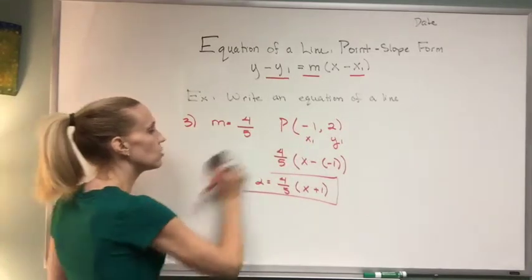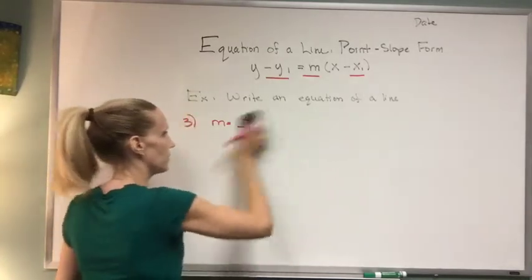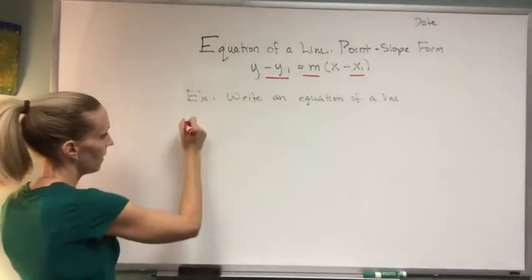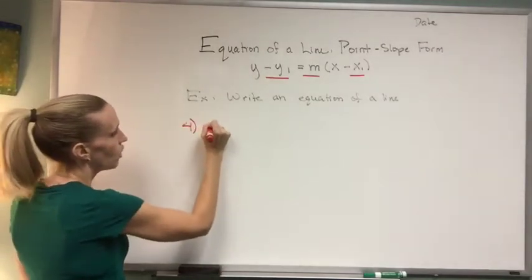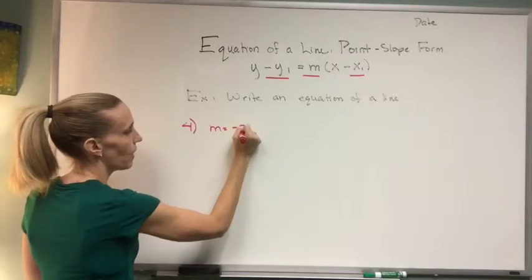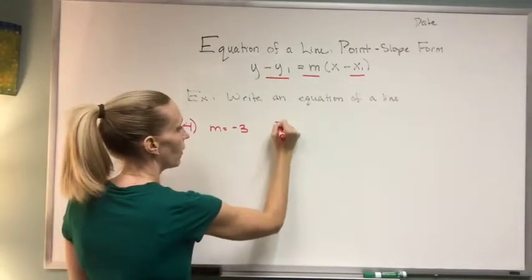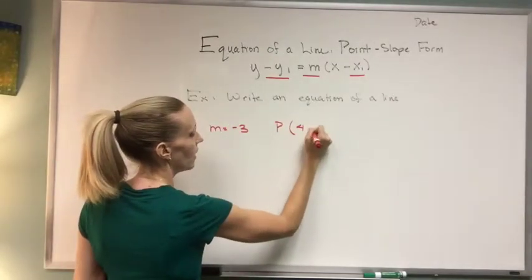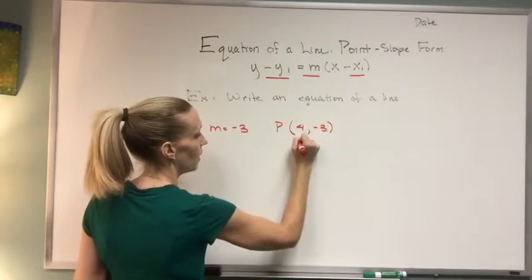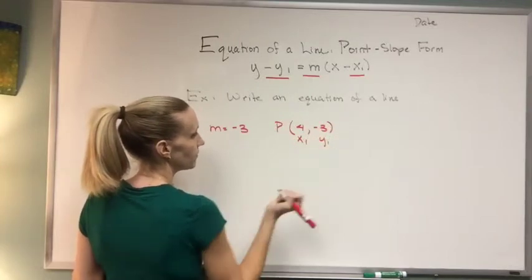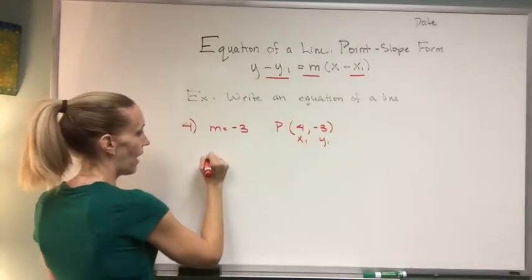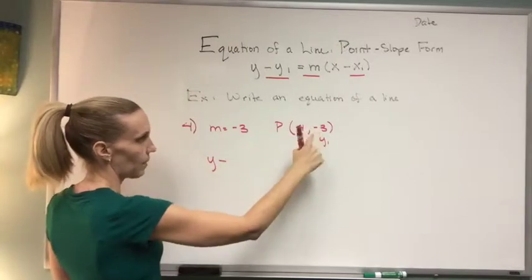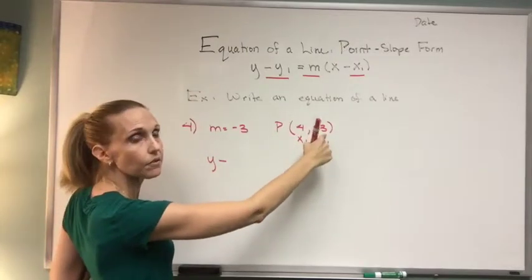Okay? Let's do another one where we have some negatives. So again, slope, not really concerned about here, but my point, let's do 4, -3. So x1, y1. So now I do y minus, and my y coordinate here is -3.